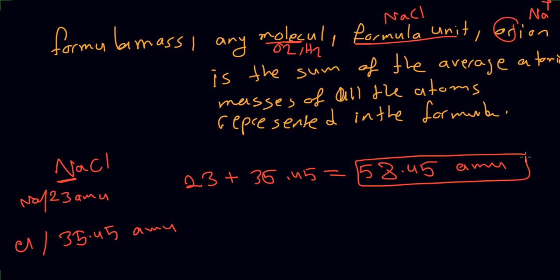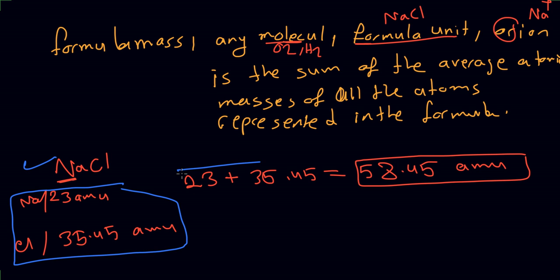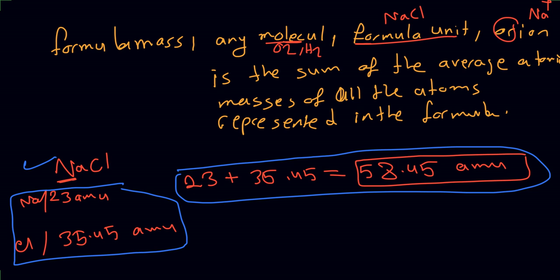The result must be written with AMU. That's important. This is the formula mass. These information are given, the formula is given also. You just do this calculation with AMU.